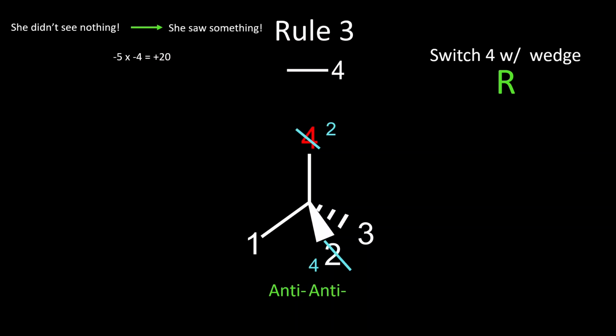So, anti. If we draw the arrow, like here, and it's an R, so it's anti-anti-R. So double negative, it's just R. When you switch the 4 with a wedge, it is what you see. You don't have to worry about switching. It just is what it is.